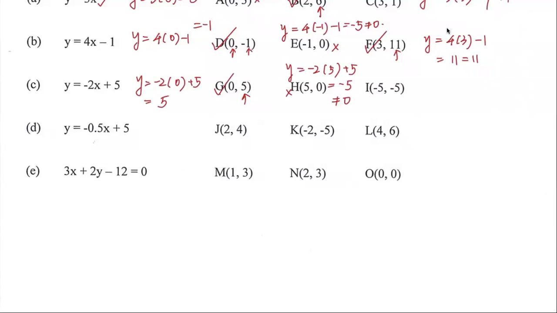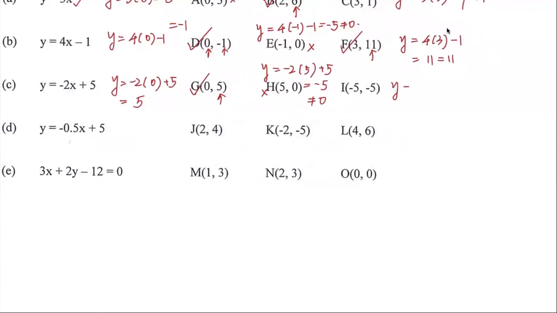I. y is equal to minus 2 times minus 5 plus 5. Minus 2 times minus 5, that's positive 10, right? Positive 10 plus 5, that's positive 15. And this is not equal to minus 5. So this point does not satisfy the equation.